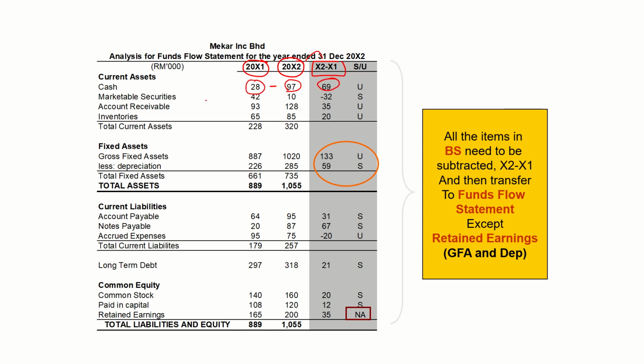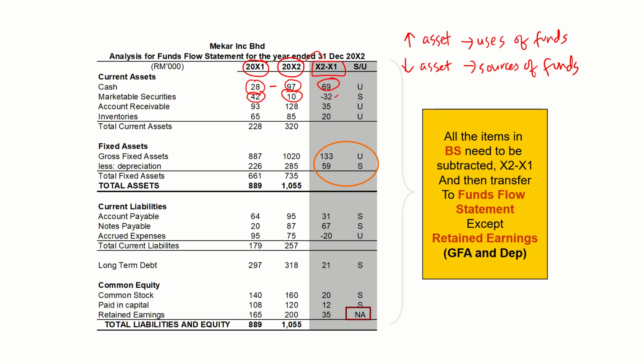For marketable securities, 10 minus 42, we get negative. So we see here when there is an increase of asset, it's actually uses of funds. If there is a decrease in asset, it's considered as sources of funds.